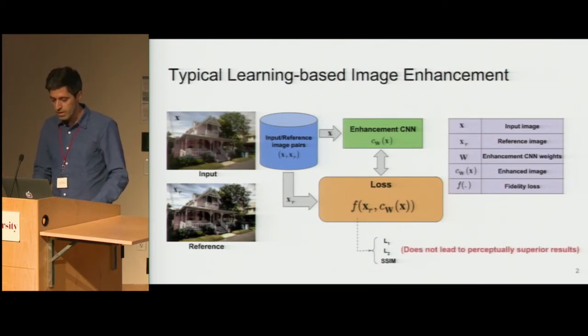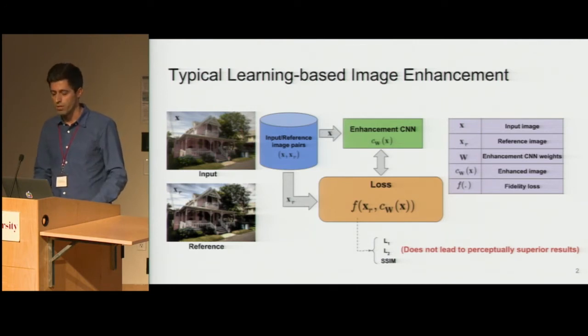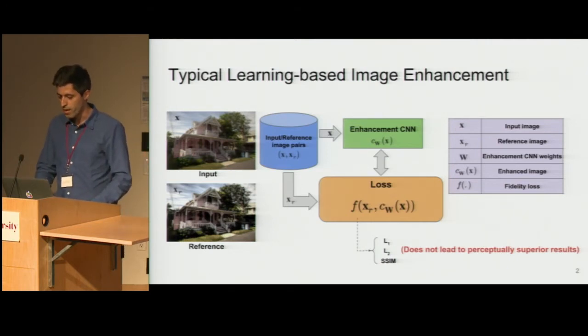The problem is that simply using L1, L2 norm-based losses or even SSIM does not lead to perceptually superior results. This has been widely known, and as in the previous talk was implied briefly, this has been the issue for different applications in image processing.